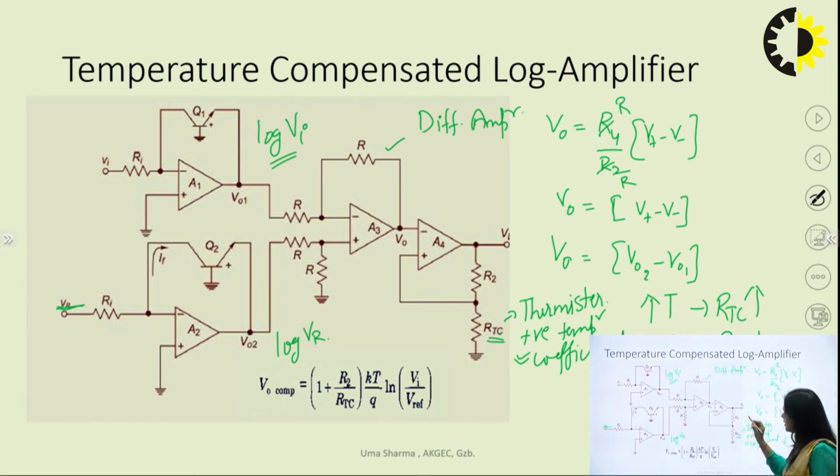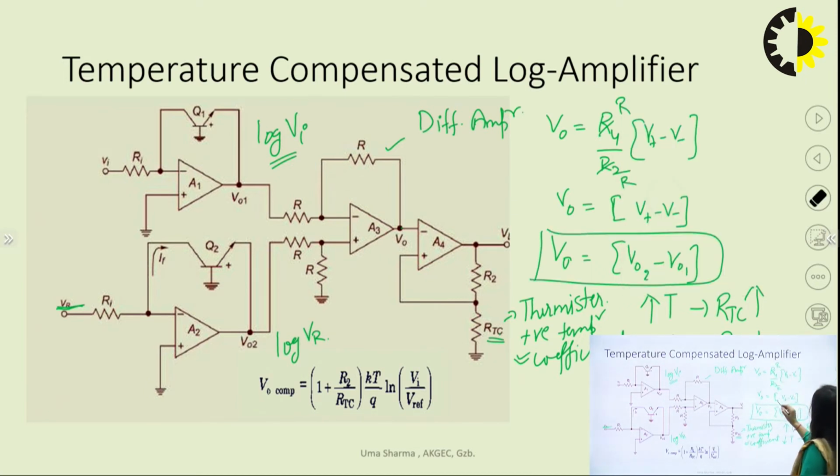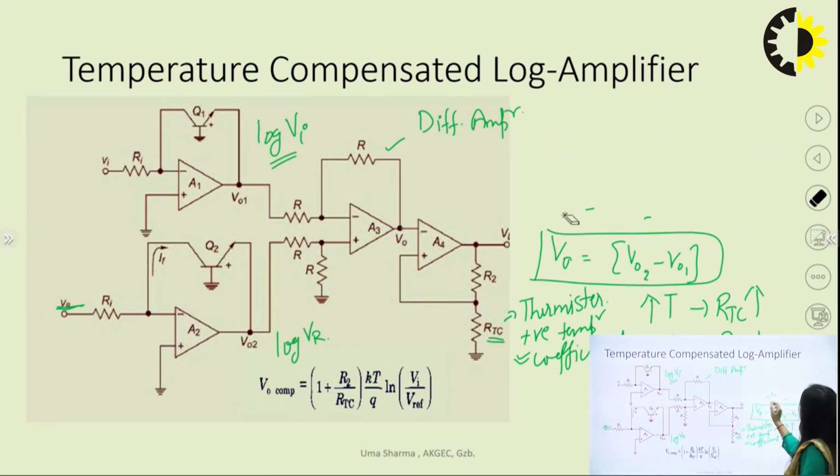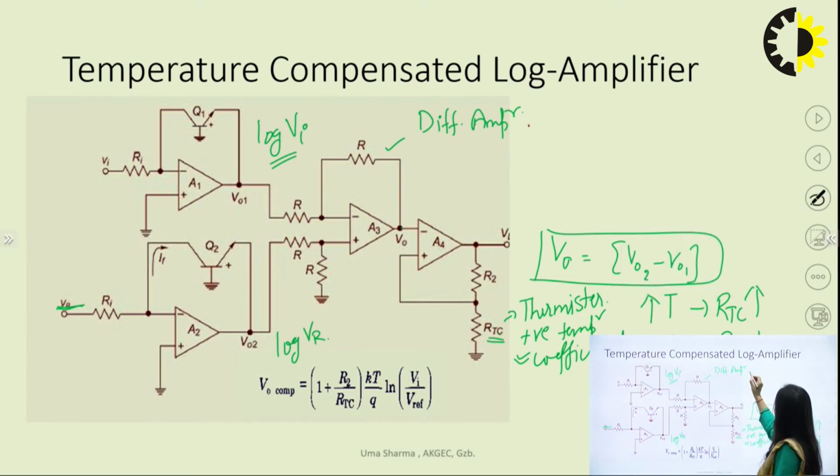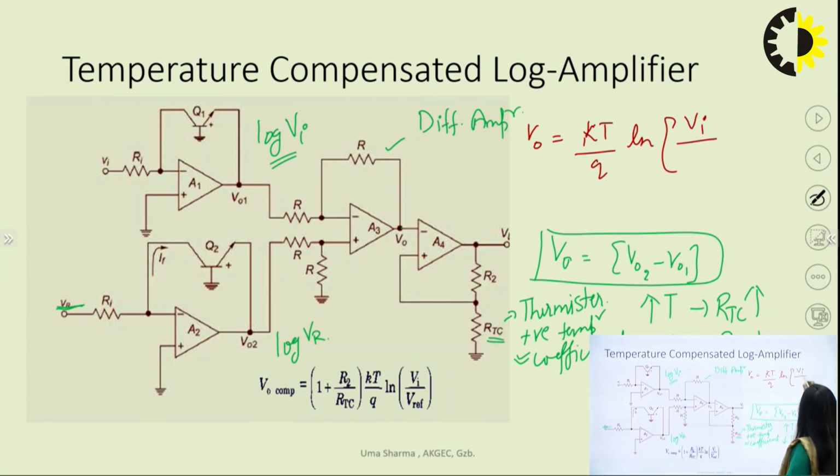Now if I calculate the value of V output just by replacing VO2 and VO1 in this equation, I can achieve the final expression: V output equals KT by Q ln Vi by V reference, or VR.